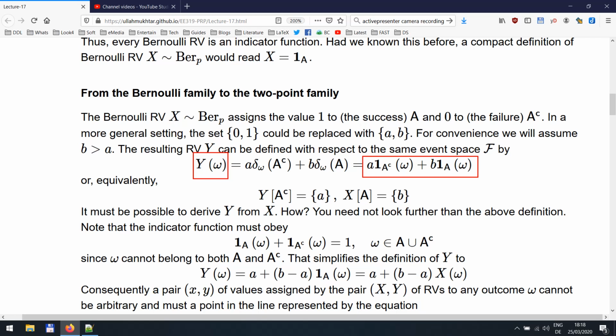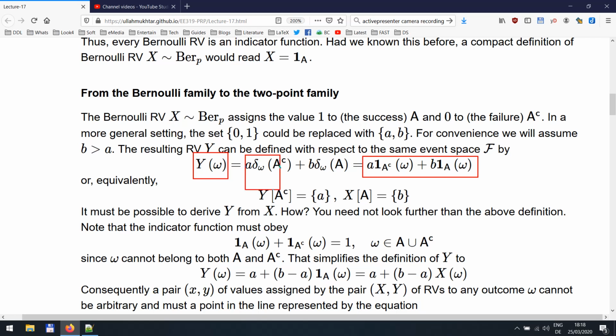It has to assign small b to any point that belongs to A, and you see the indicator function is telling me exactly that, 1_A of omega. We just saw it above. And our random variable Y will assign small a to any point that belongs to A complement. So the indicator function has provided us a language of defining this new random variable.